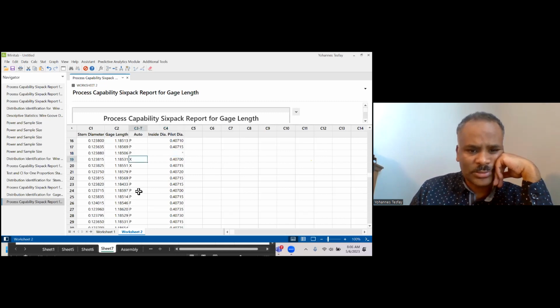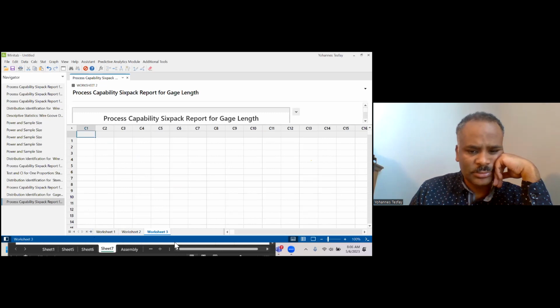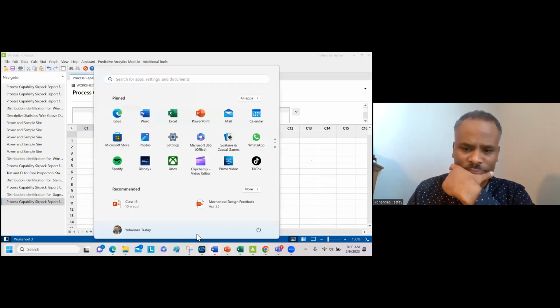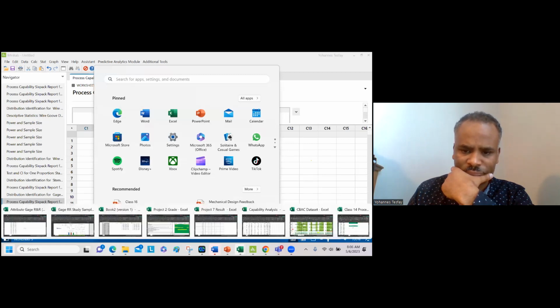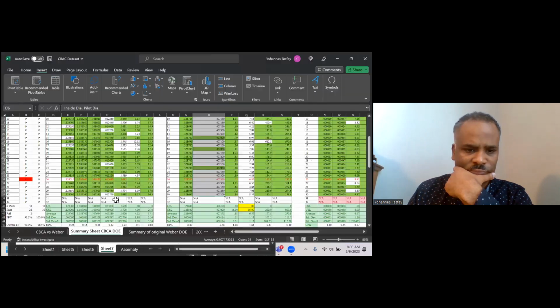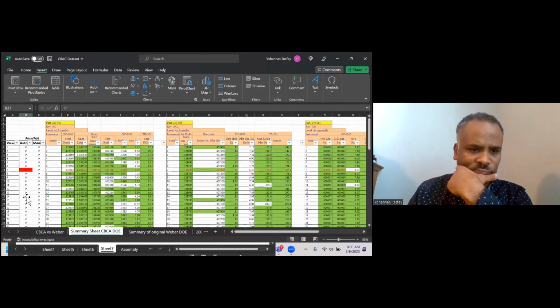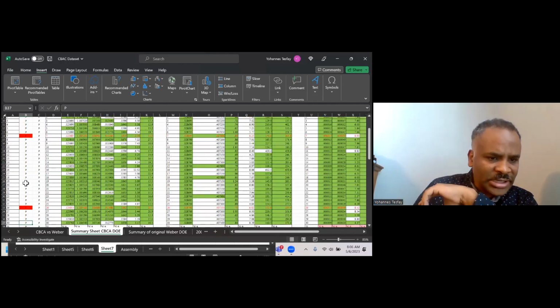What is this XX or no? XX means the measurement result was not obtained.